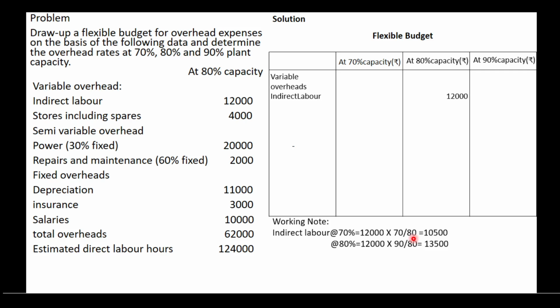The 12,000 rupees for the 80% and what amount for the 90%. So here it is calculated as 12,000 into 90 divided by 100. So now the 90% capacity is 13,500.